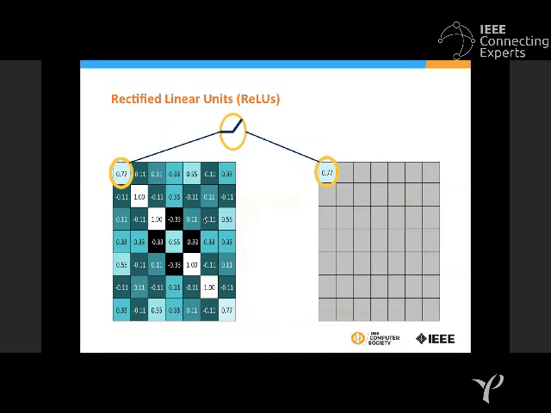This is called the activation layer of your network. In this activation layer, what we normally use by default is a function called ReLU. This figure, which looks like a switch, is actually the ReLU function.